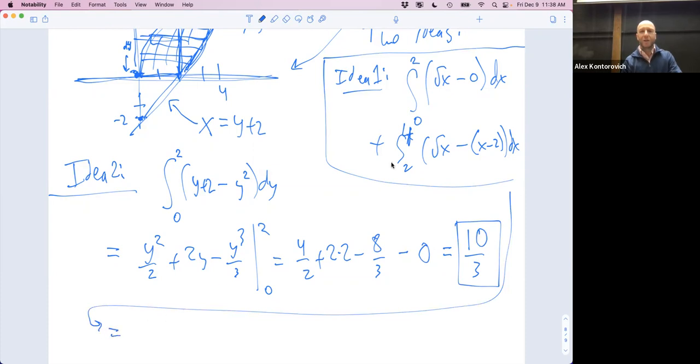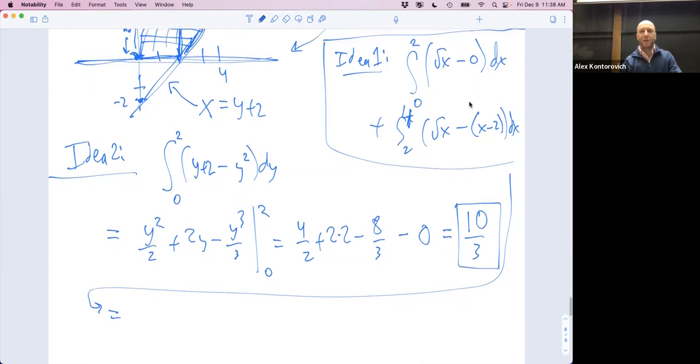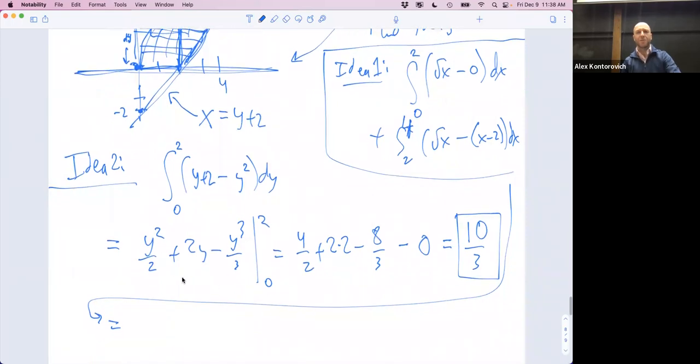Okay, how about the other integral? The other integral 0 to 2 of just root x. What's the antiderivative of root x? X to the 3/2 times 2/3. And that's being evaluated from 0 to 2. Plus, what's this thing?